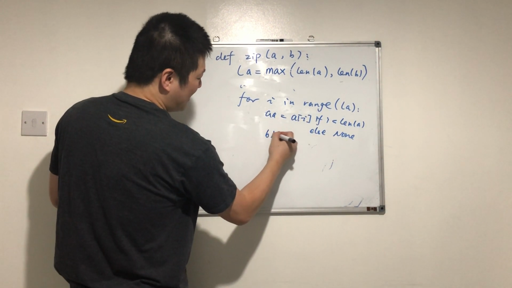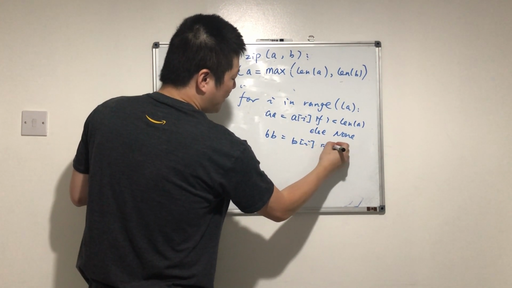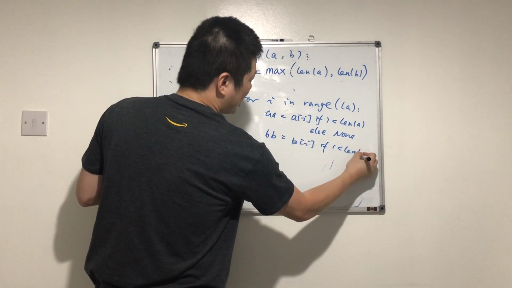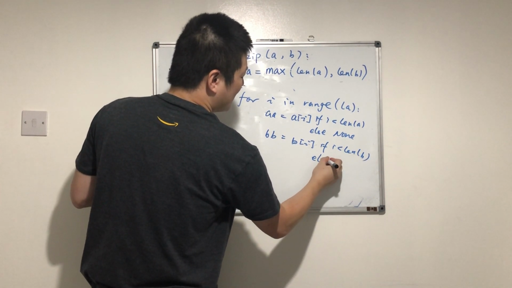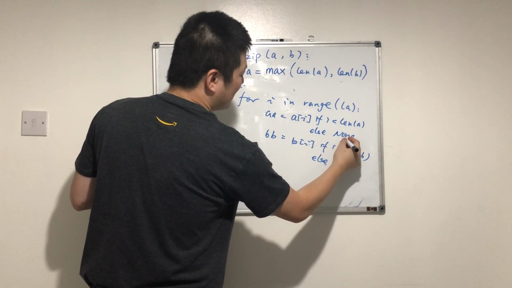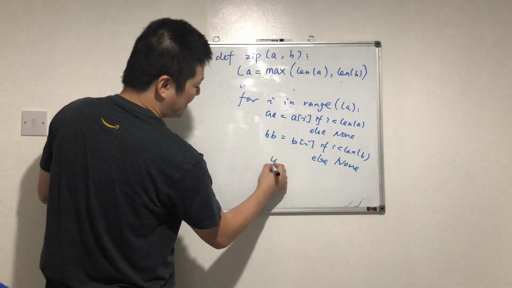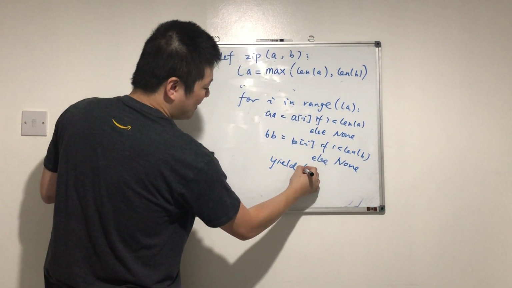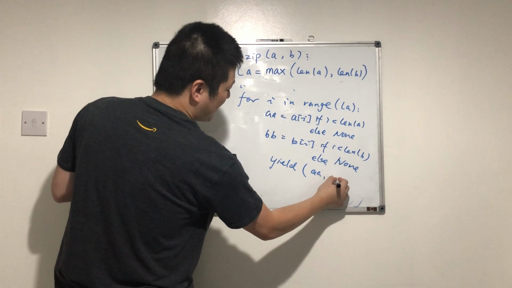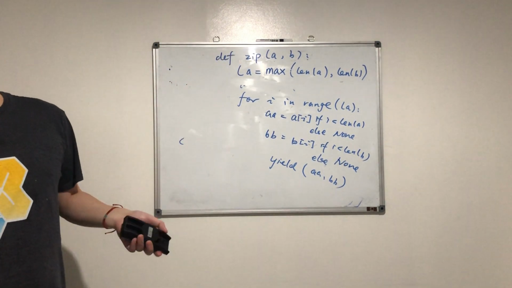And BB equals B I if I is smaller than length B else None. And then the same as yield. Yield AA, BB. That's it. That's the zip longest. You see?